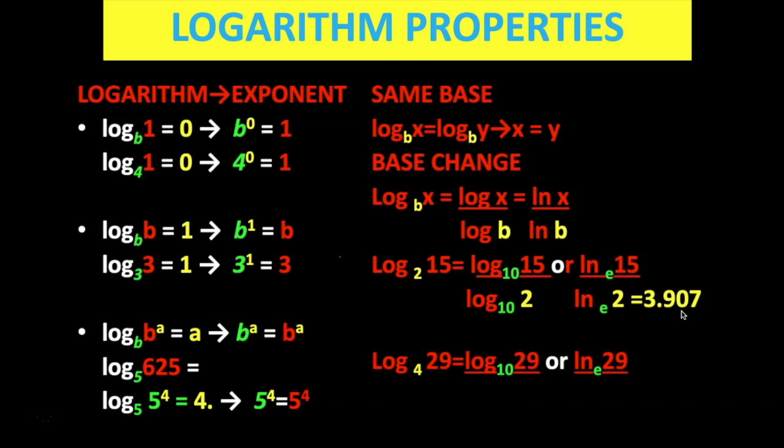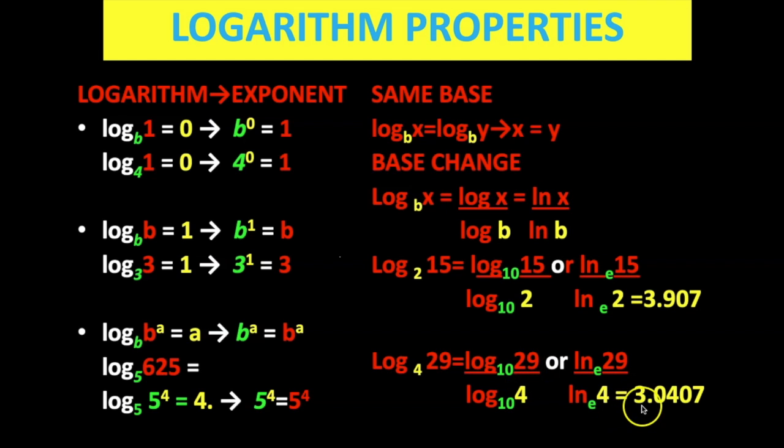Let's do another one, though. Log base 4 of 29 equals log base 10 of 29 over log base 10 of 4. Notice how this base 4 became a denominator, and it is on a log base 10. You see, we can put these into a common log, base 10. Then I can use my calculator.